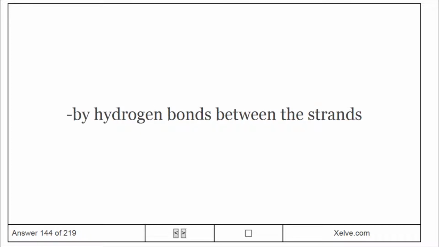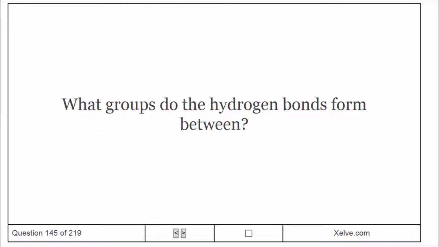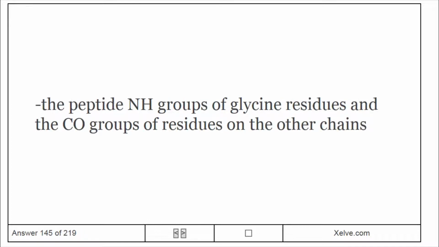How is the cable stabilized? By hydrogen bonds between the strands. What groups do the hydrogen bonds form between? The peptide NH groups of glycine residues and the CO groups of residues on the other chains.